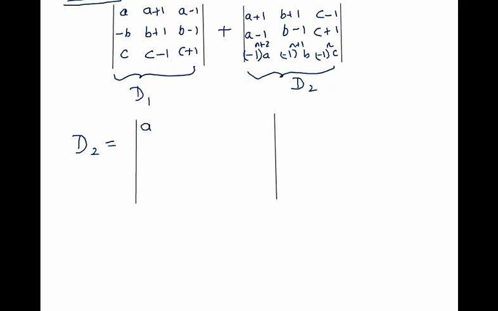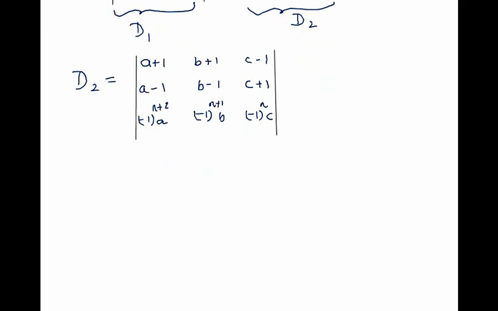Rather, make some space so that we can write it properly. A minus 1, B minus 1, C plus 1, and minus 1 to the power n plus 2 times A, minus 1 to the power n plus 1 B, and minus 1 to the power n times C.